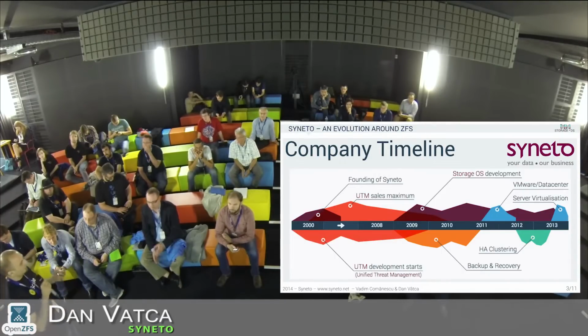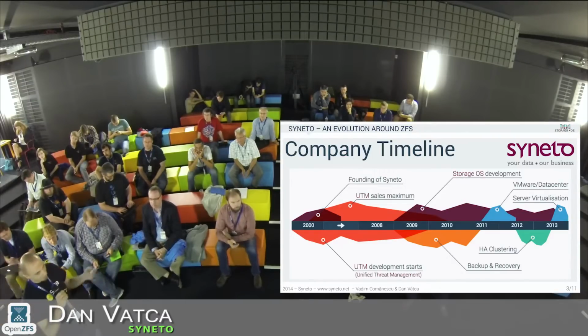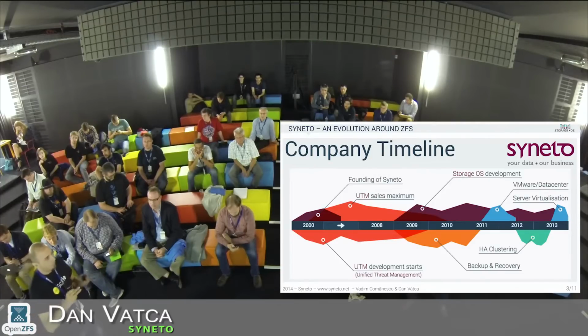We chose to base our system on OpenSolaris at the time, and it's still based on that. And then we started a little bit to grow the system and add something more.